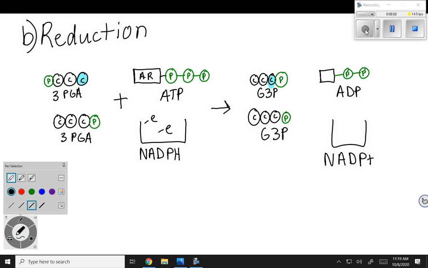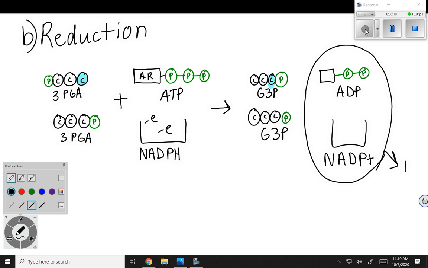And this ADP and the NADP+ are going back to step 1 of photosynthesis, the light-dependent reactions, so that they can get remade into their high-power forms so that this cycle can keep happening. So, big picture, we used energy to turn PGA into G3P.